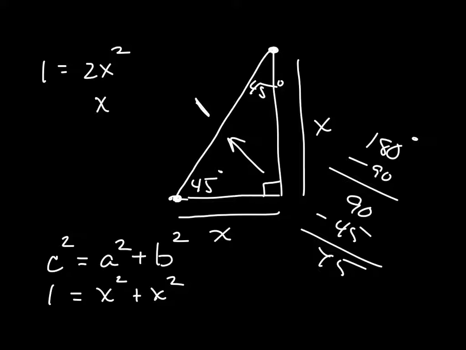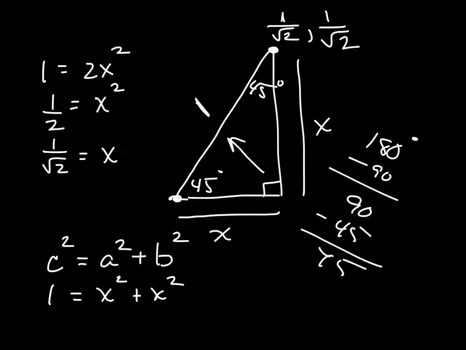And if I get x squared by itself algebraically, I get 1/2. The square root of both sides makes that 1 over the square root of 2. So each x is 1 over the square root of 2, which means that ordered pair is 1 over square root of 2 and 1 over square root of 2, both the x value and the y value for that ordered pair.